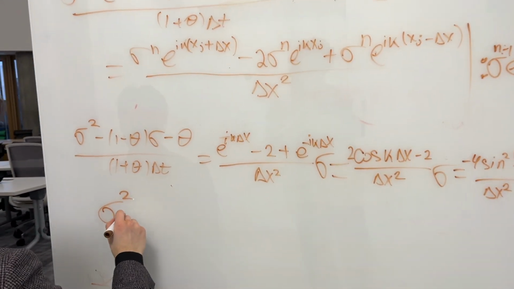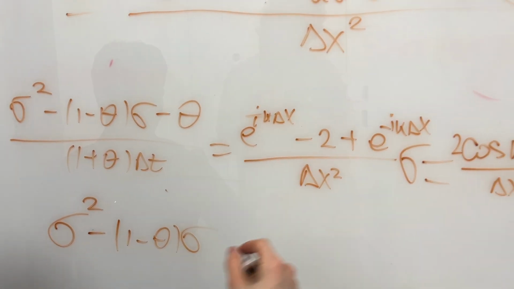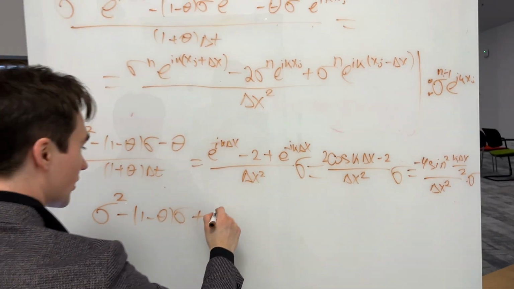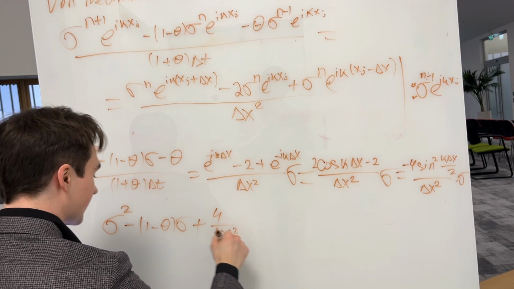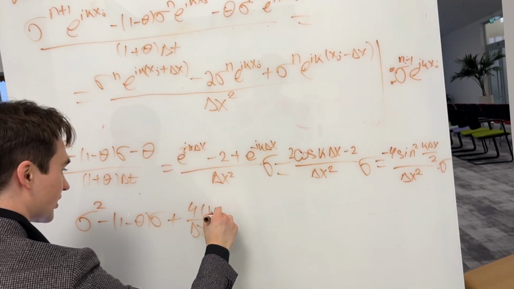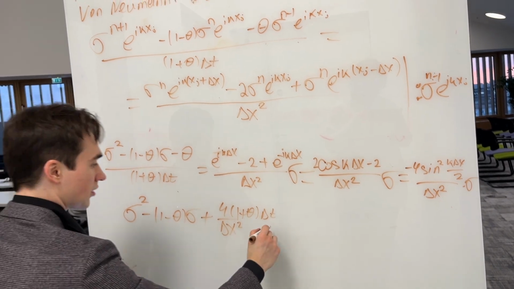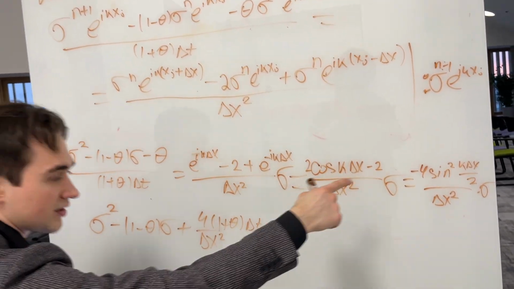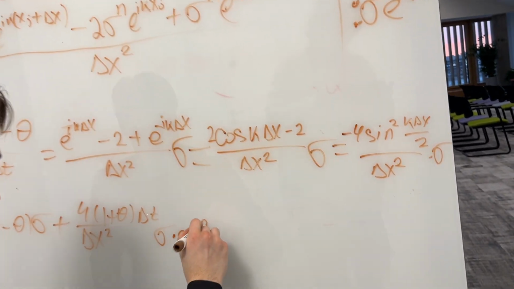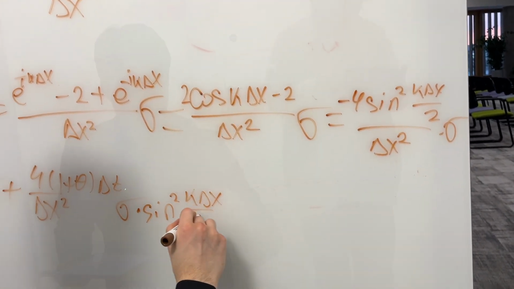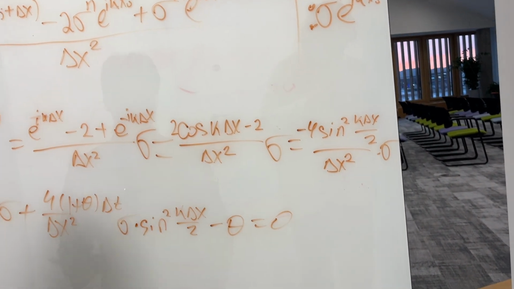Sigma squared minus 1 minus theta c, then we move this part to the left, plus c divided by delta x squared multiplied by 1 plus theta delta t, sigma, and times sine squared, and minus theta equal to 0.